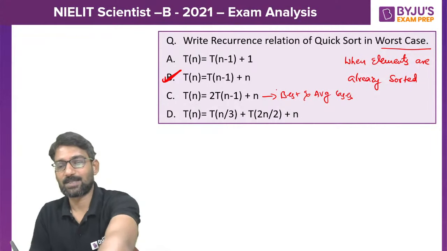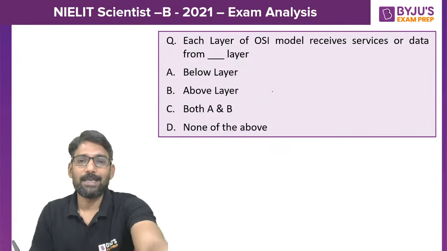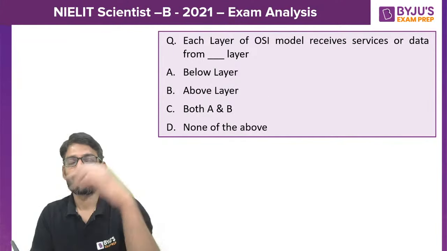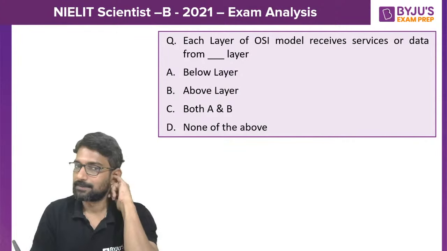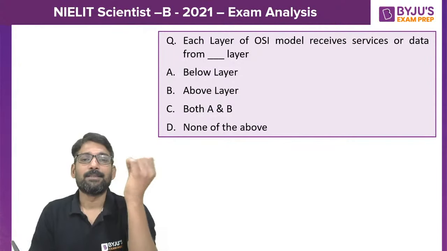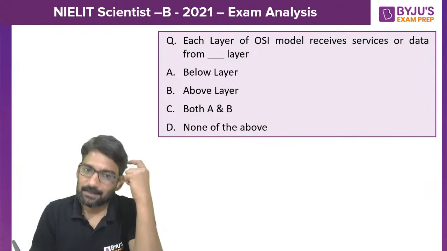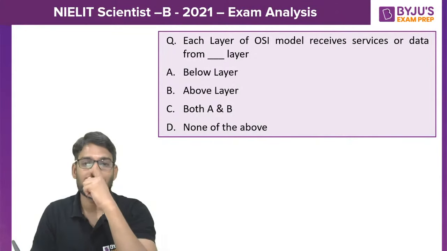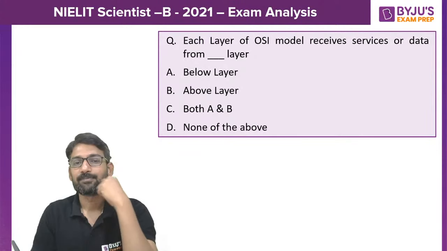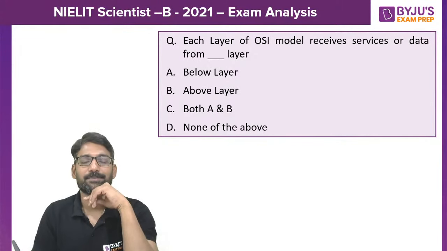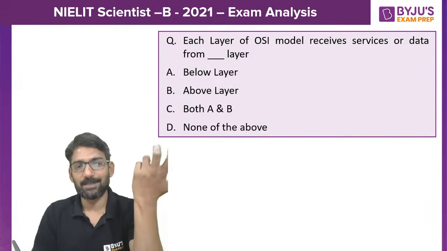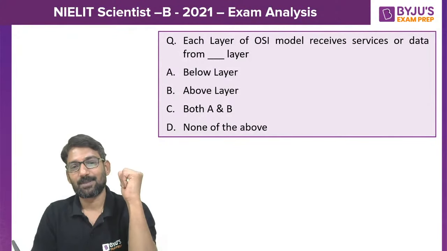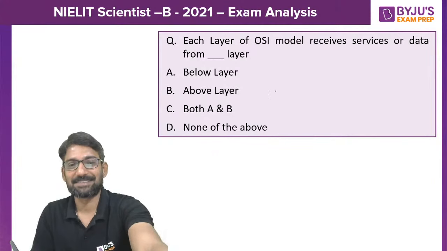Right. Next question. Each layer of the OSI model receives services or data from dash layer: below layer, above layer, both A and B. What kind of questions are these?